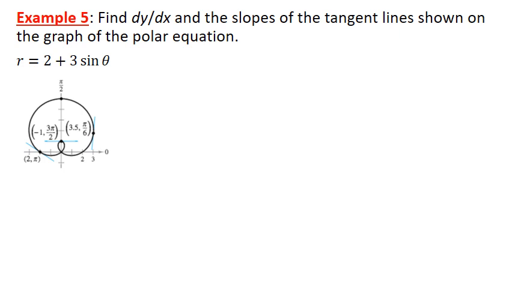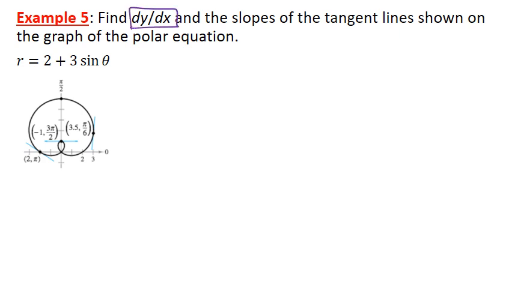Let's jump right into some examples. So here in this example, we've been asked to find dy dx and the slopes of the tangent line on the graph at the three indicated points. Okay, so there's kind of a lot going on here, but we are smart people and we can handle this. The first thing we need to do is find this derivative.